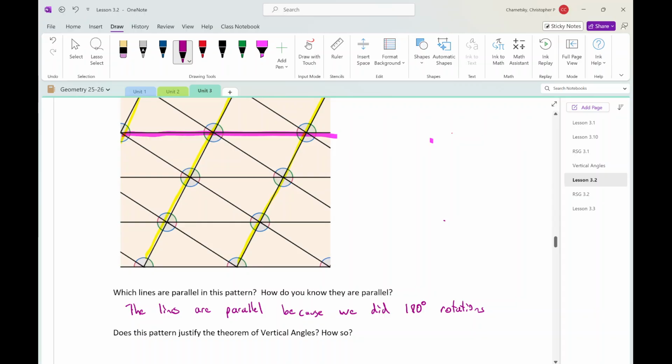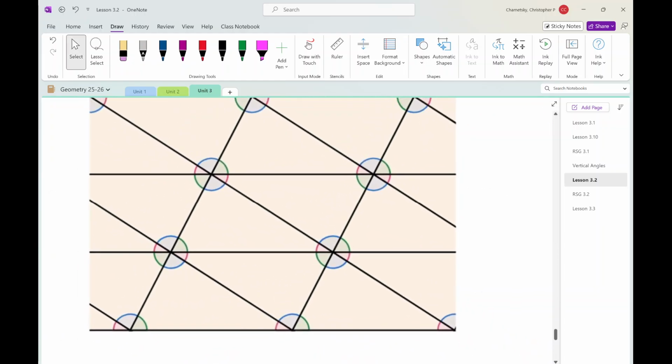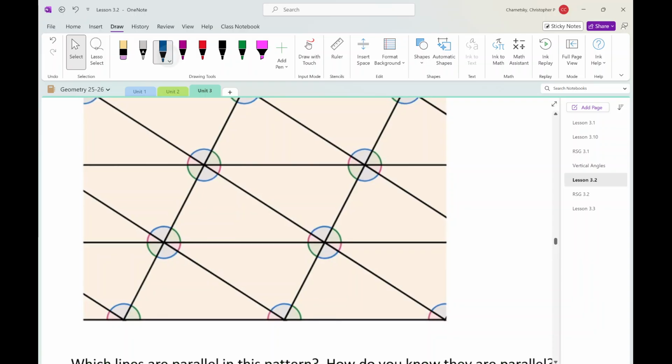Does this pattern justify the theorem of vertical angles? So we proved this in the previous lesson, but now we can kind of see it again. So if we look at any of our vertical angles, so for example, these blue angles right here, you can see directly across from each other, and they are matching up and they are congruent.